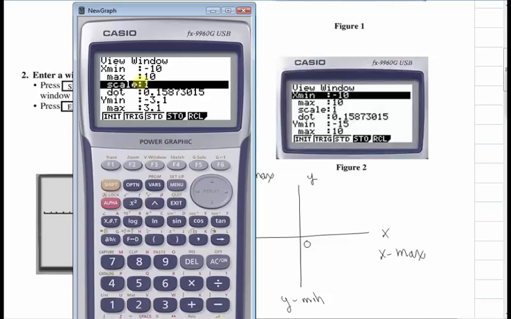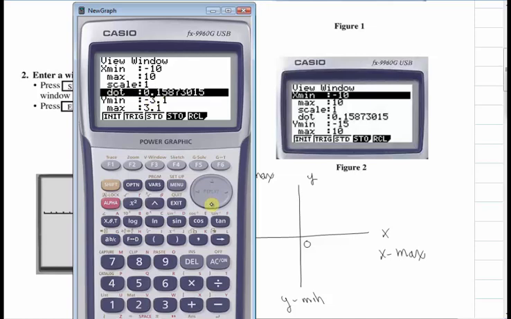Execute. We're going to leave our scale at 1. What that means is that our x-axis will go up by 1, so 1, 2, 3, 4, 5. If you put in a scale of 2, it would go up by 2, so 2, 4, 6, 8, 10, and so on. And don't worry about the dot. I'm not 100% sure, but I guess it has something to do with the dots on your screen. So now we want to go down to our y min.